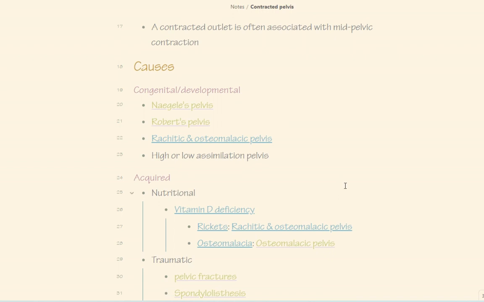So what are the causes? Causes can be congenital or acquired. In congenital, there is something called Naegele's pelvis, Robert's pelvis, rachitic pelvis, high or low assimilation pelvis.